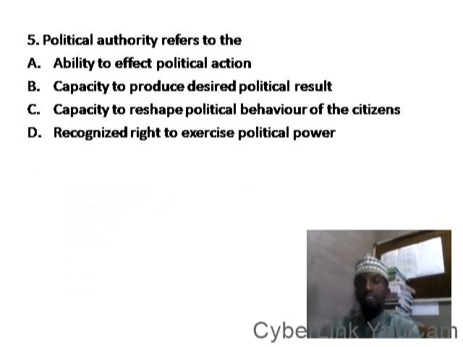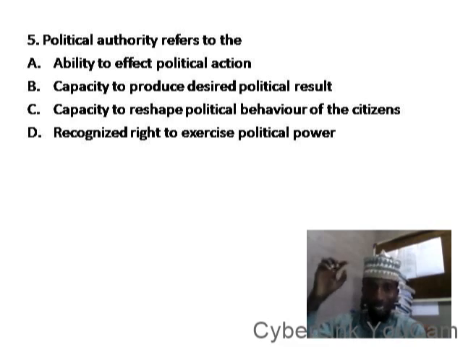Political authority refers to, and that is the last question that we have for ourselves under chapter 2: A, ability to effect political action; B, capacity to produce desired political results; C, capacity to reshape political behavior of the citizens; D, recognized right to exercise political power.